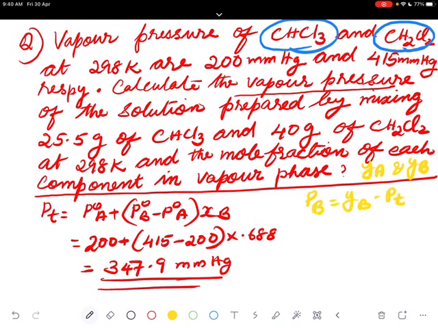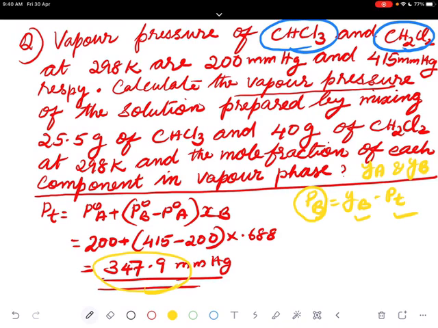P total we know, we have just calculated it. Yb we have to calculate, so we need Pb. Pb is equal to P naught B XB, that we know.